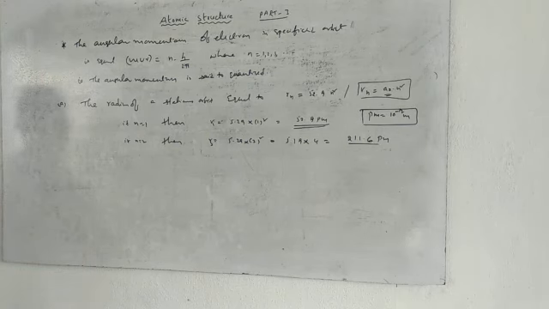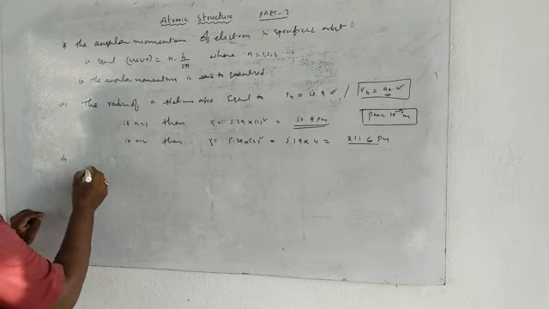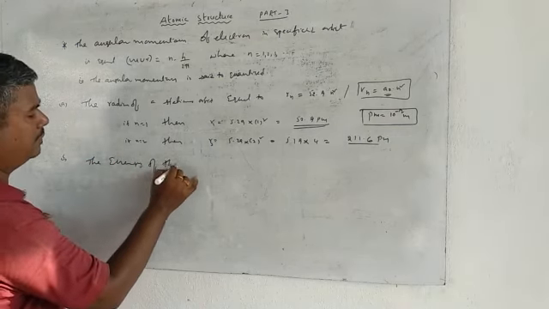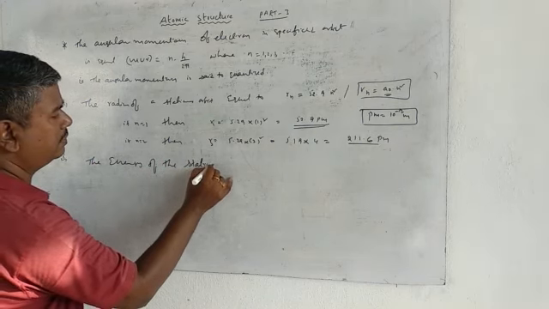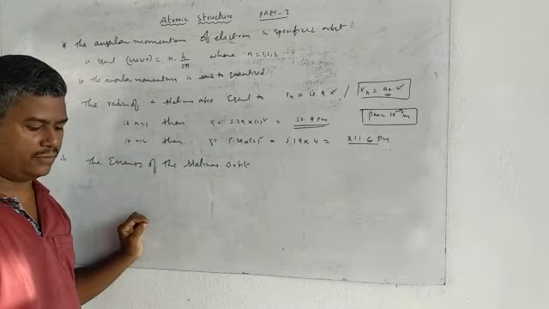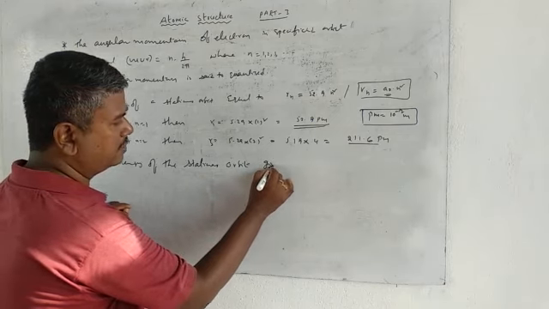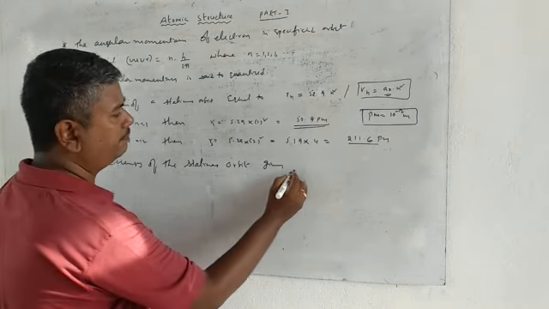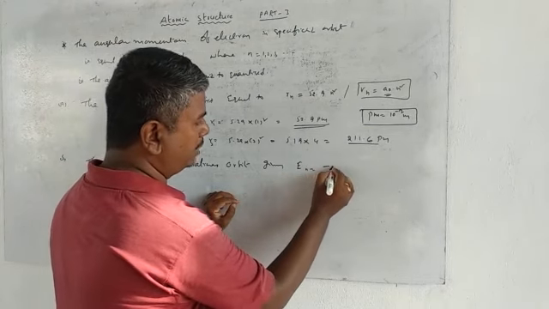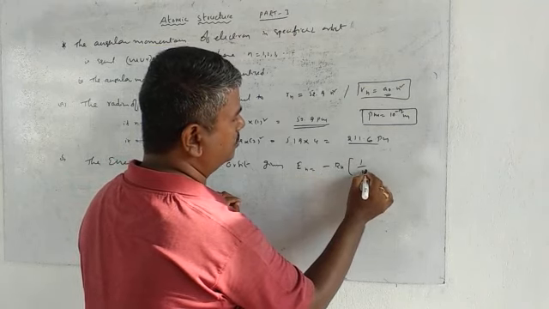Next one. The energy of the stationary orbit is given as En equal to minus of RH into 1 by n square.